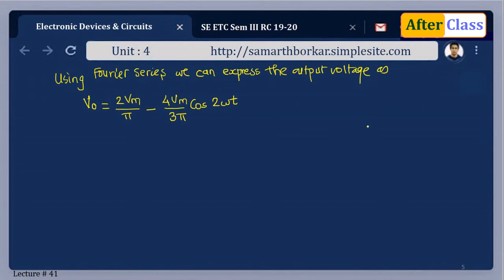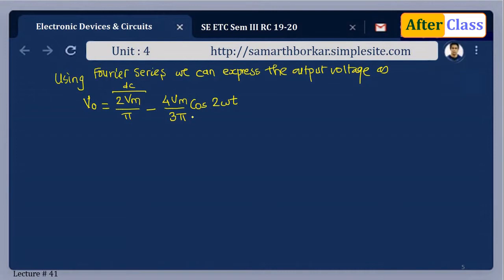Now you see here there is no angular component. So this is the DC voltage, and this corresponds to your AC component. The output voltage for this particular circuit will have a DC component and some AC component.